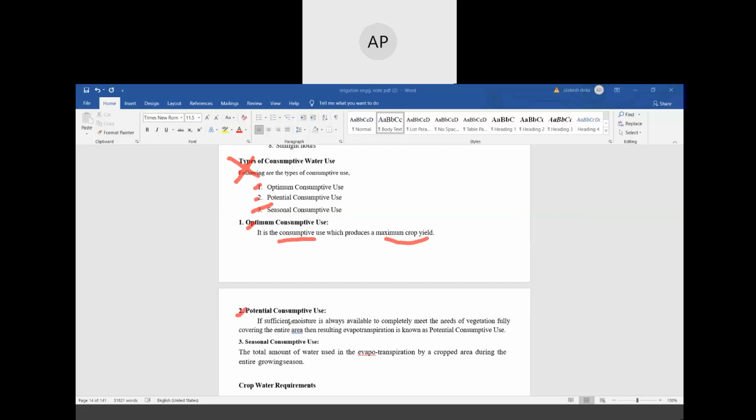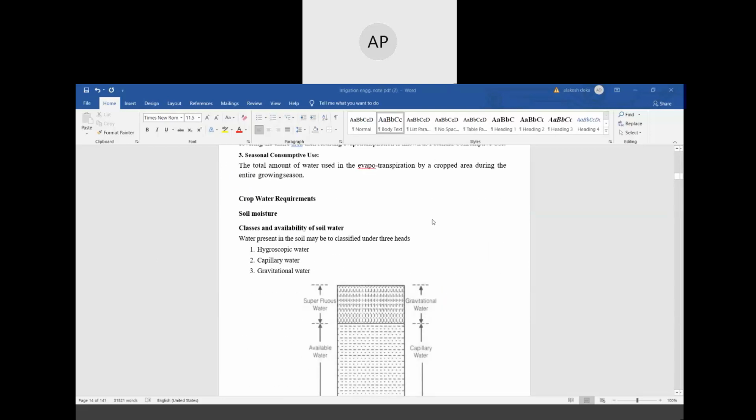If sufficient moisture is always available to completely meet the needs of vegetation, fully covering the entire area and resulting in evapotranspiration, it is known as potential consumptive use. Another type of consumptive use is seasonal. Okay, you can study this classification roughly, not so much important.